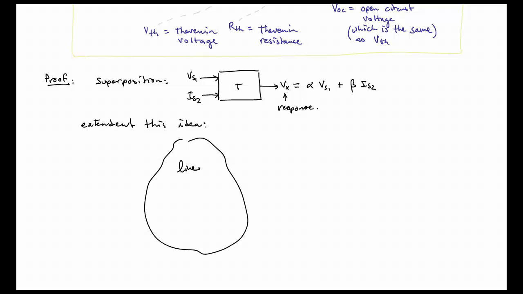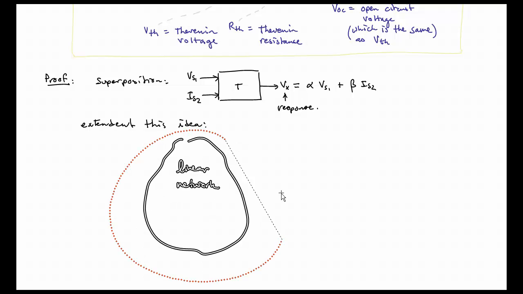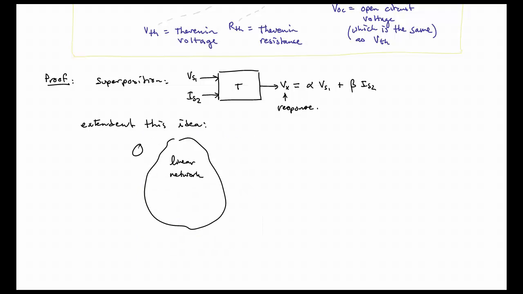This is a linear network, and we'll have multiple sources here, voltage sources and current sources, and we could call them V1, V2, Vn, I1, I2, In.